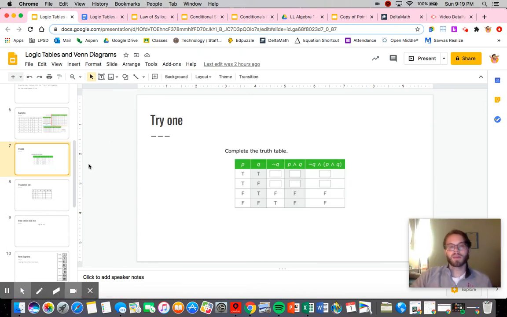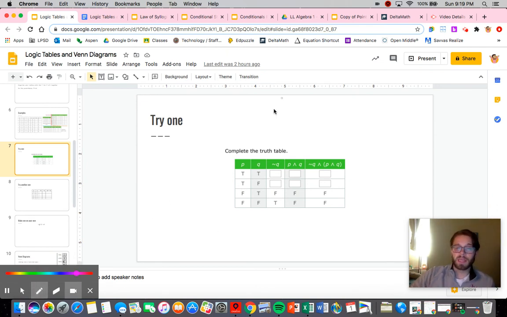Or let's just try it again. If you were to continue on with this, we're just going to fill these in. So now we're looking at not Q. If this is true, now this is false. If this is false, this is now true. We're saying P and Q. P and Q. True, true, true. P and Q. True and false.